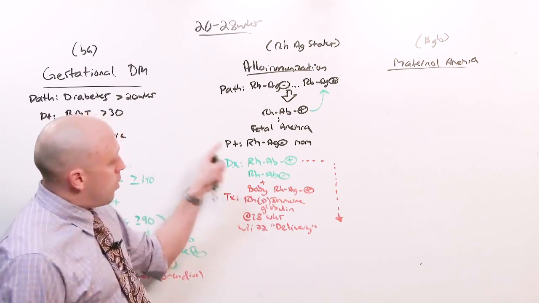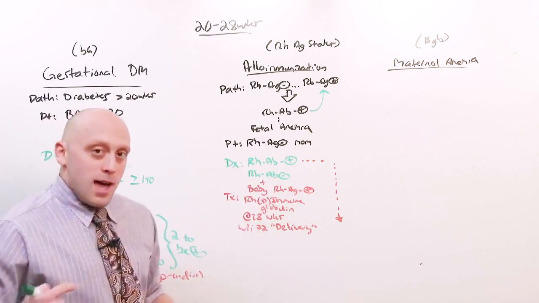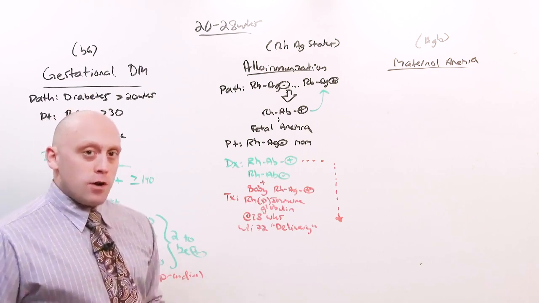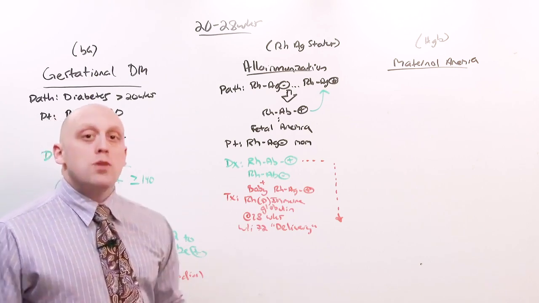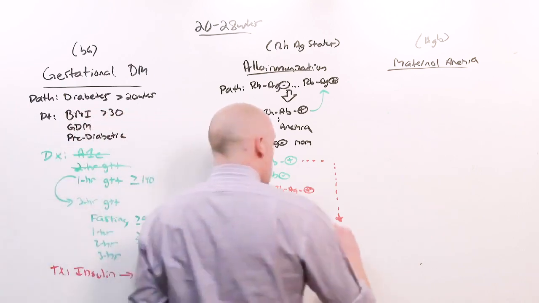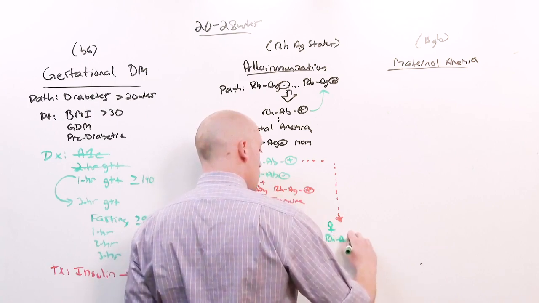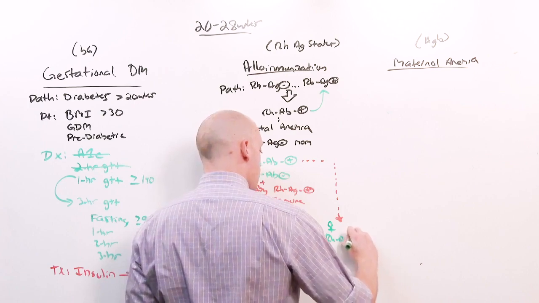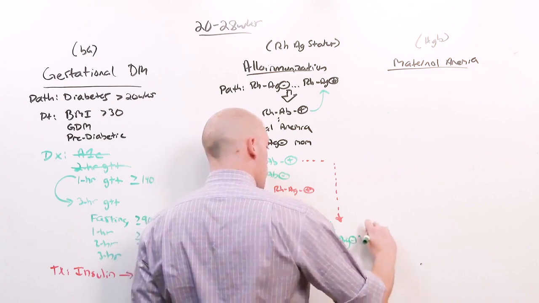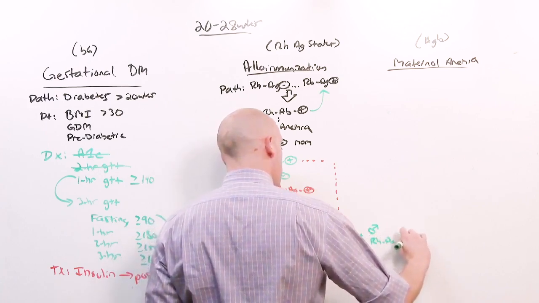So if you have an Rh antibody positive mom and you happen to have an Rh antigen positive baby, you now are concerned with fetal anemia. But you must have a mom who started off rhesus antigen negative and who got paired up with a father who is rhesus antigen positive.